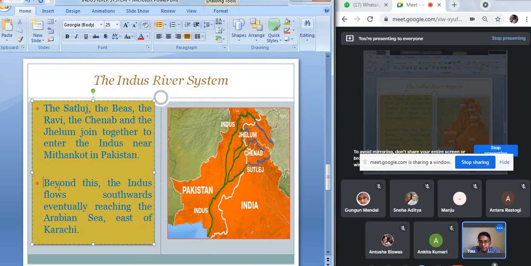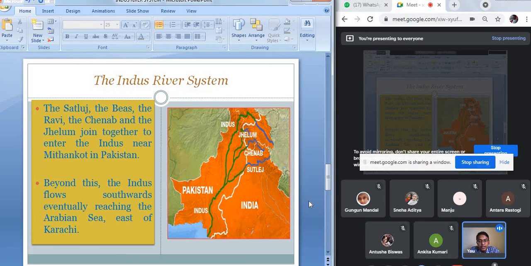Beyond this, the Indus flows southward, eventually reaching the Arabian Sea, east of Karachi. So this is the entire course of the river Indus.